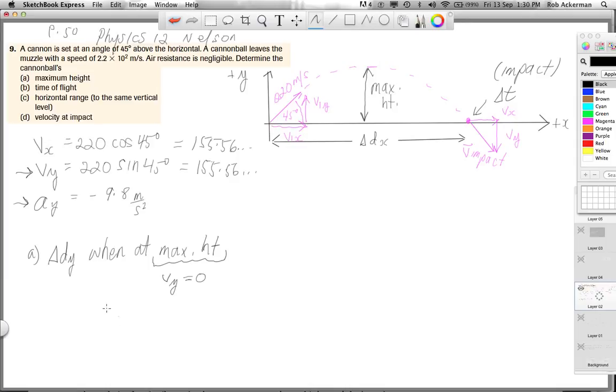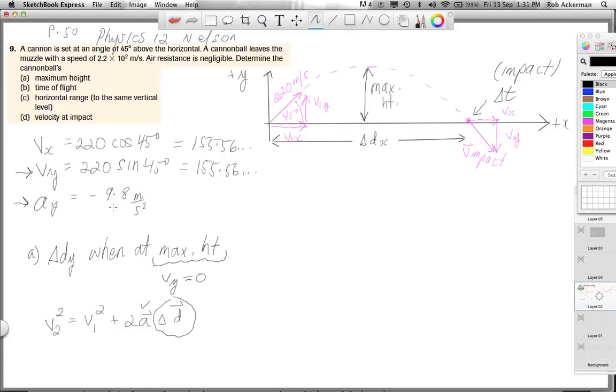So what we've really got here is a question involving the initial Vy, a final Vy, a delta d, and an acceleration. And if you think about what equation would be ideal for that, I think you'll see that this one fits the bill. We want to solve for delta d, and we know the acceleration is negative 9.8.